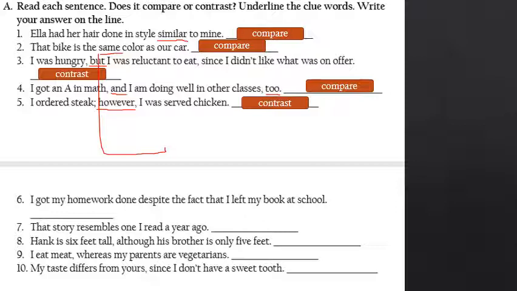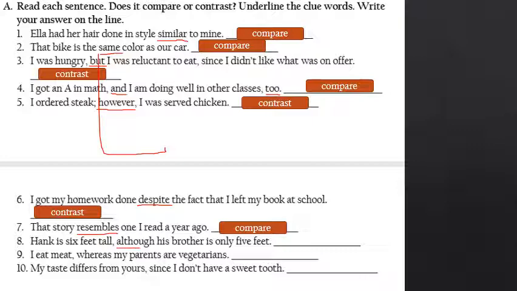I got my homework done despite the fact that I left my book at school. So here it's also comparison. Why? We have despite. The story resembles one I read a year ago. It's a comparison. The word resembles here shows comparison, similarities. 8, Hank is 6 feet tall, although his brother is only 5 feet.